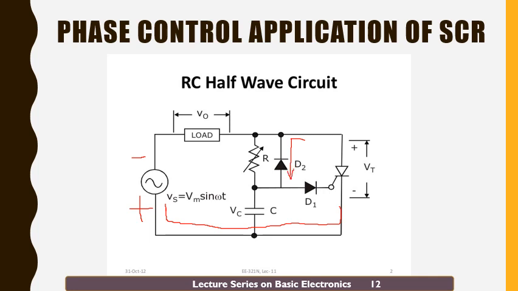Whenever we have it like this, the capacitor charges with the opposite polarity. The current flows through this diode D2, and then through this capacitor, so the capacitor voltage goes on incrementing.